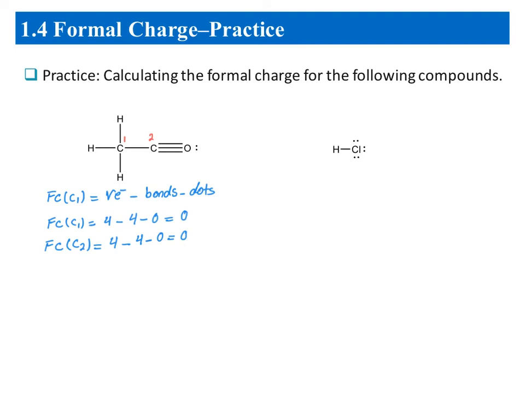And for oxygen, oxygen is in group 6. We have 3 bonds around it, minus 2 dots, which gives us plus 1 charge.